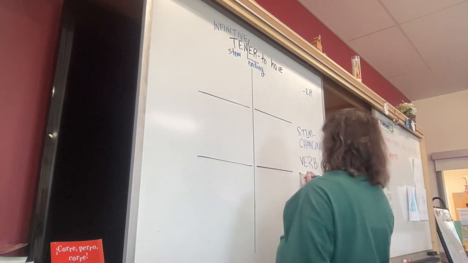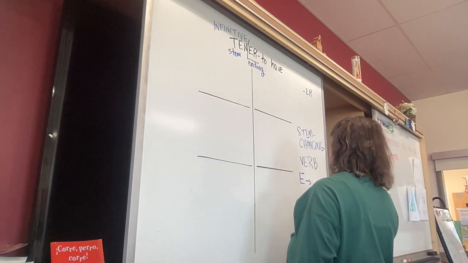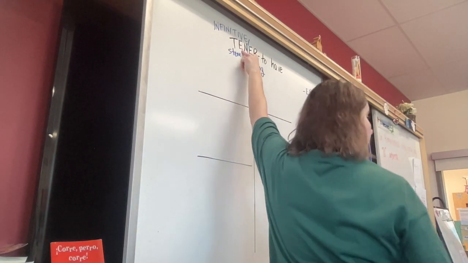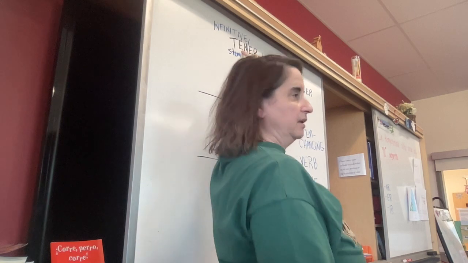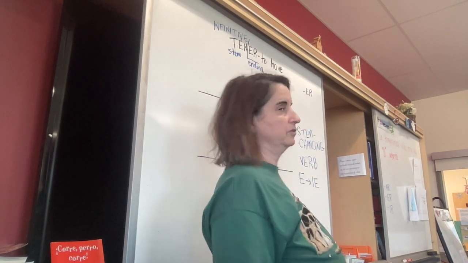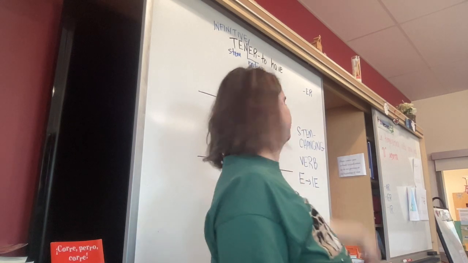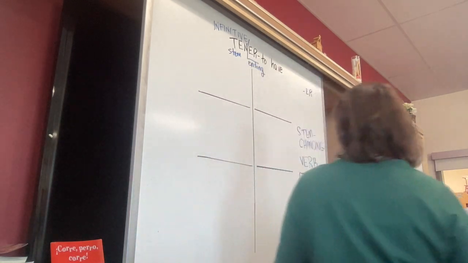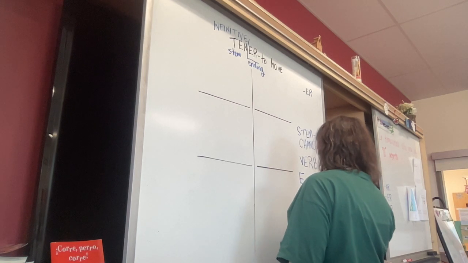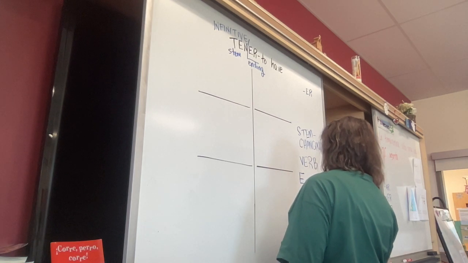And we write it like this. E arrow, IE. It originally has an E in the stem. And that E is going to change into an IE, but not in every single form. It's going to have a certain pattern that we call a shoe for this verb. It is a shoe verb.